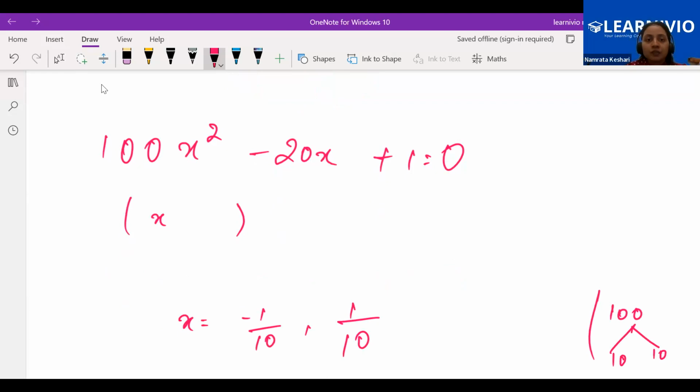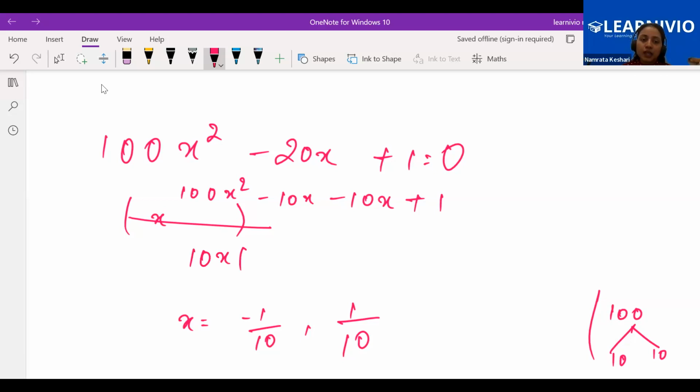So we can take it as 100x square minus 10x, again minus 10x plus 1. Here we'll be taking 10x common. It will be 10x minus 1. And here we'll be taking minus 1 common, and it will be 10x minus 1. Here also I can see both results will be the same.